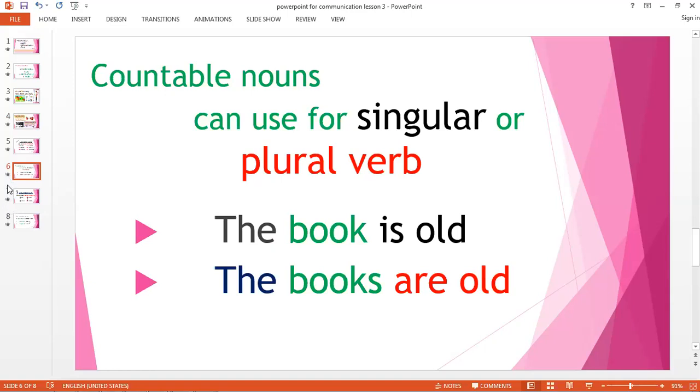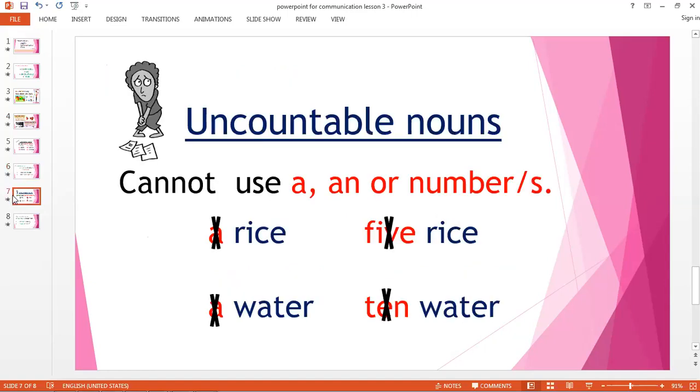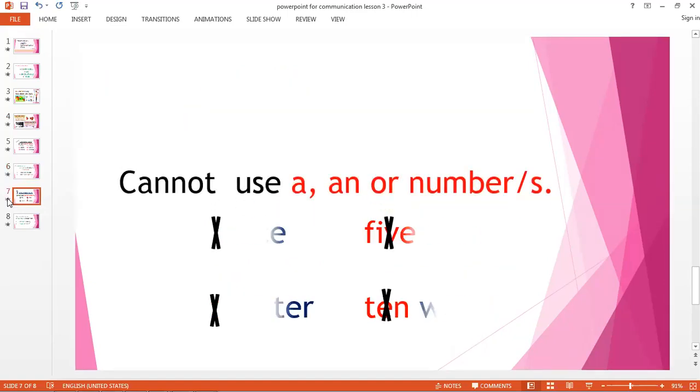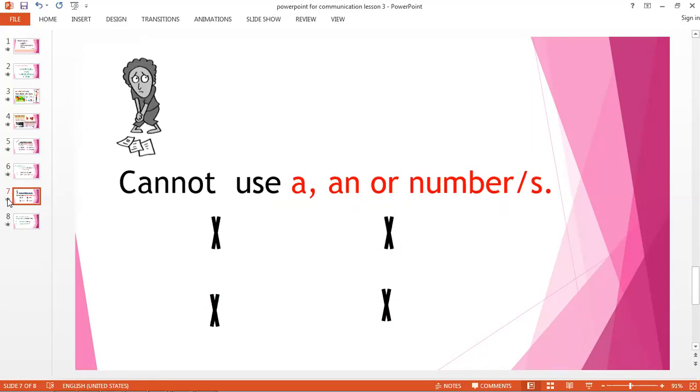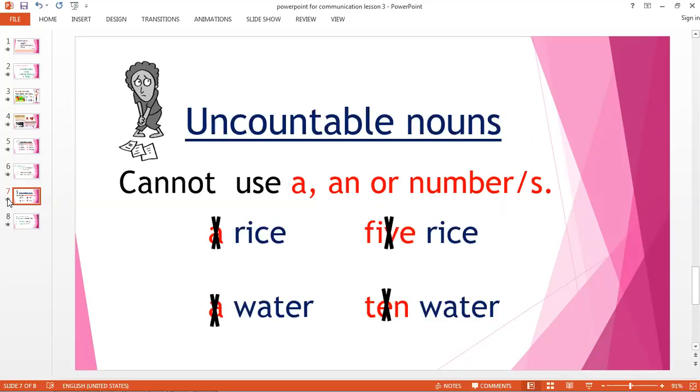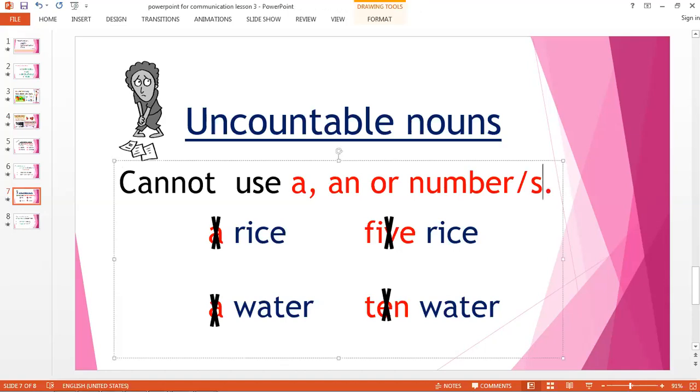Next. This one. An uncountable noun is a noun that cannot use the word a or an or a number.